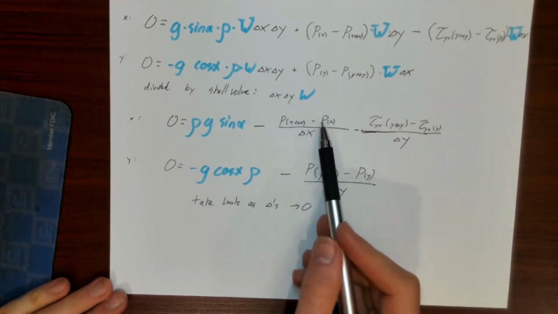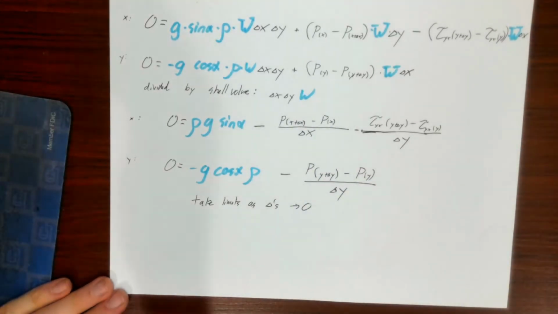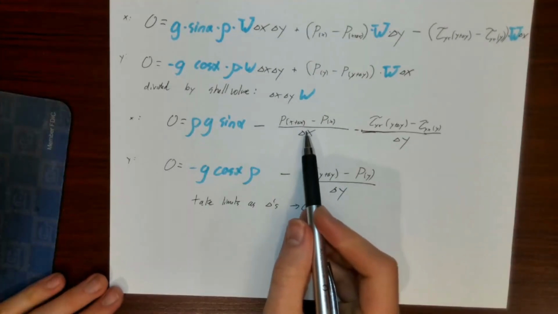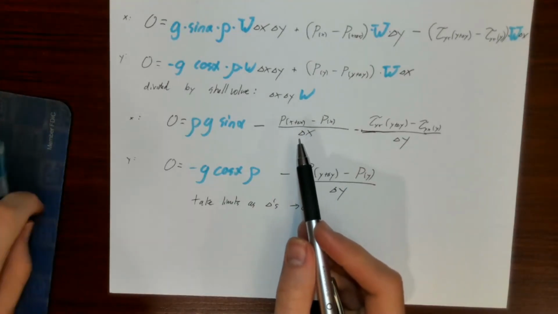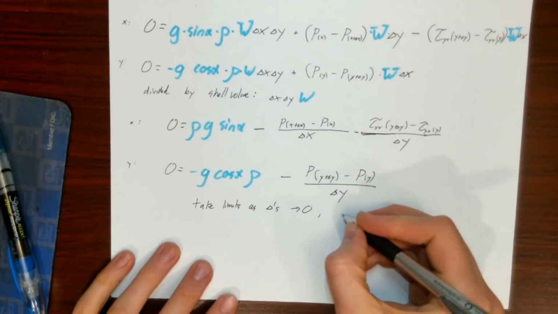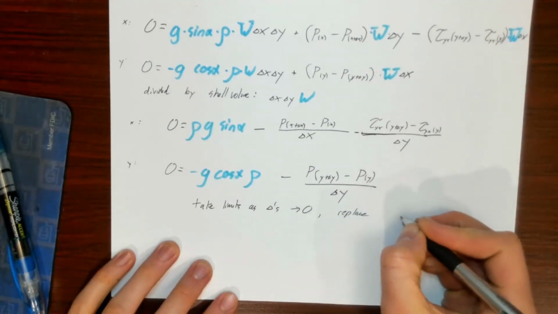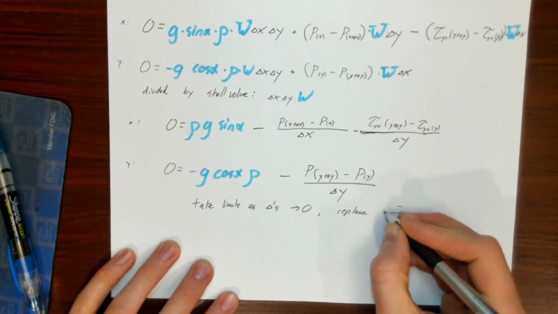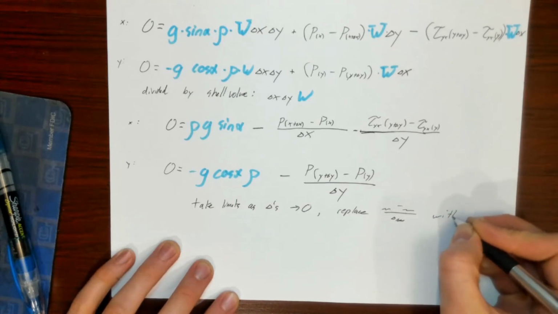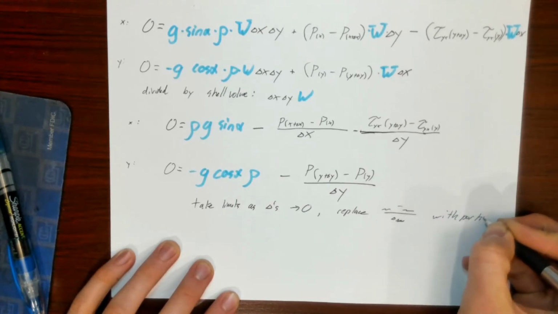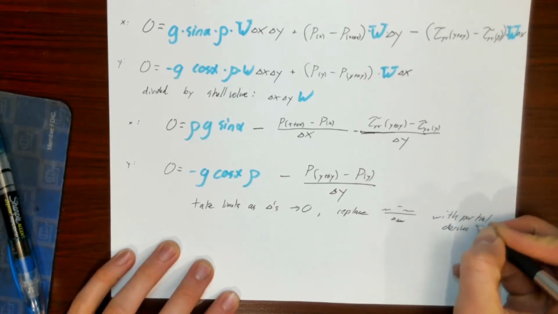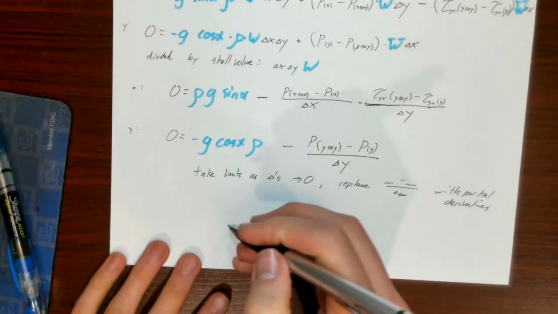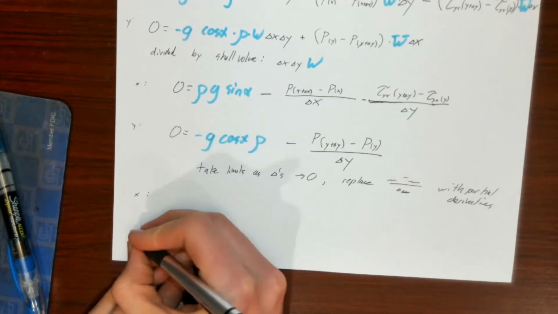These things start to look like derivatives, but because they could be functions of multiple variables, we want to replace them not with ordinary derivatives, but with partial derivatives.